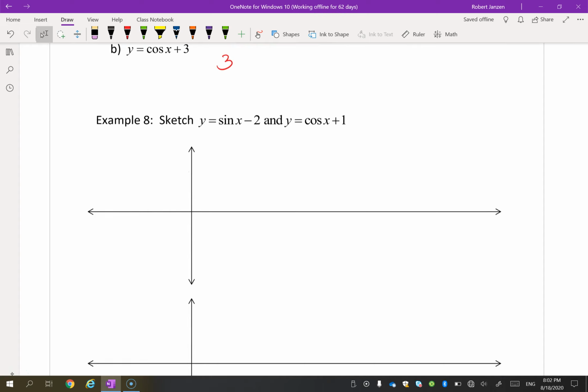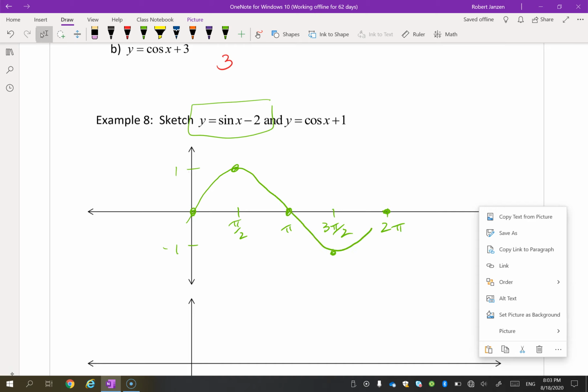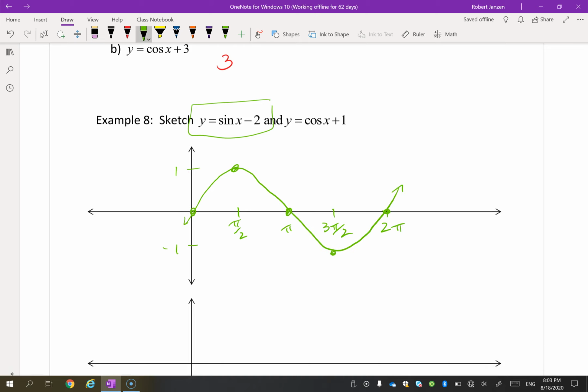Okay, so how am I going to graph this? Well, again, like every trig graph, I would start with the basic graph. Okay, and then it looks something like that.